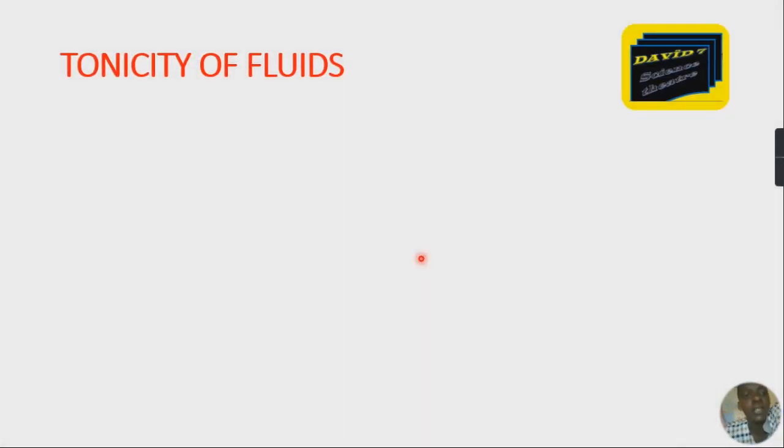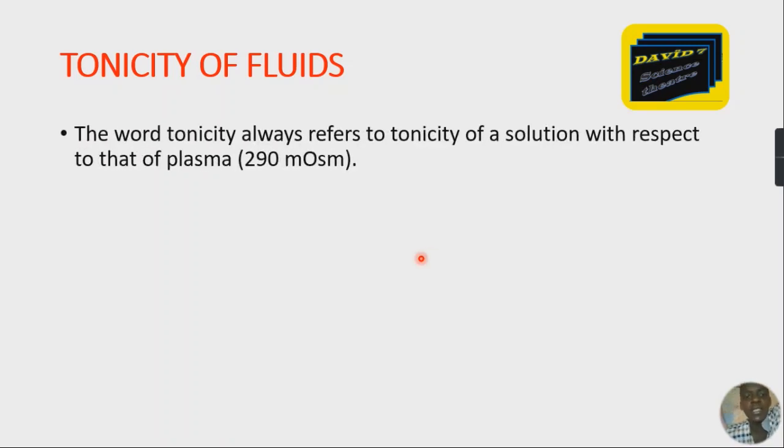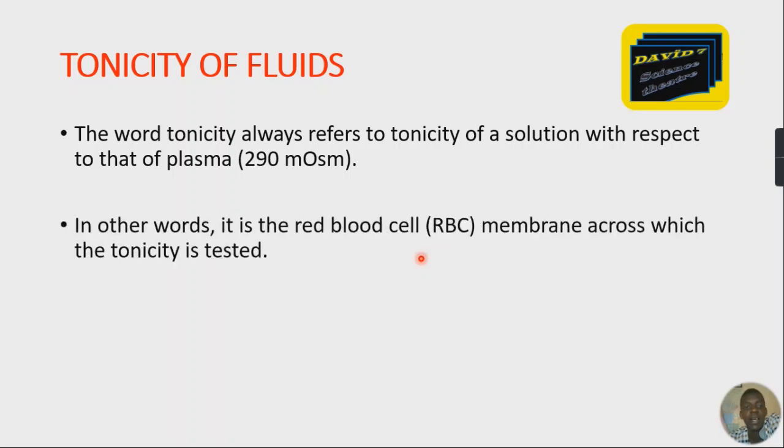Right, so let's talk about tonicity of fluids. The word tonicity always refers to the tonicity of a solution with respect to that of plasma. In clinical practice, we compare it with that of plasma, which is around 290 milliosmoles. In other words, it is the red blood cell membrane across which the tonicity is tested.